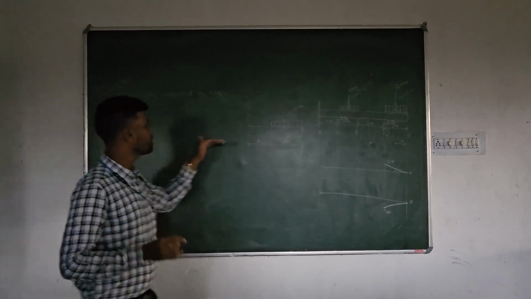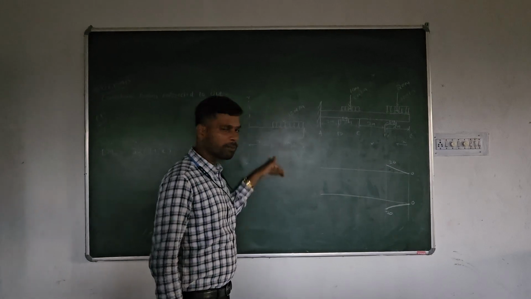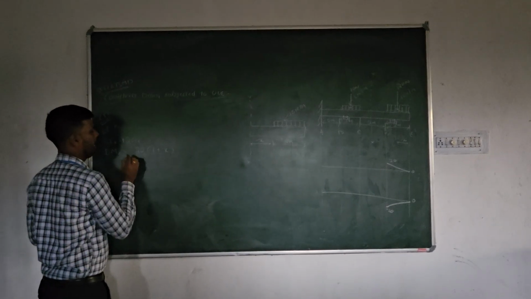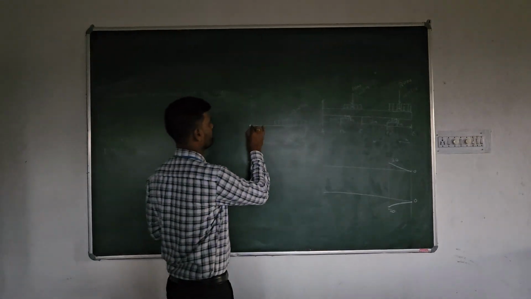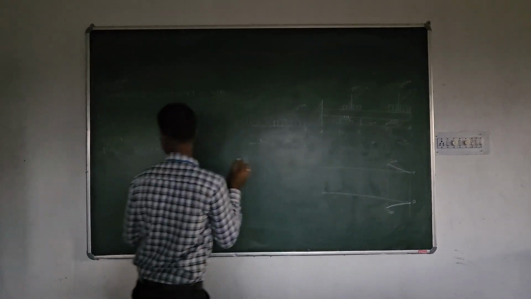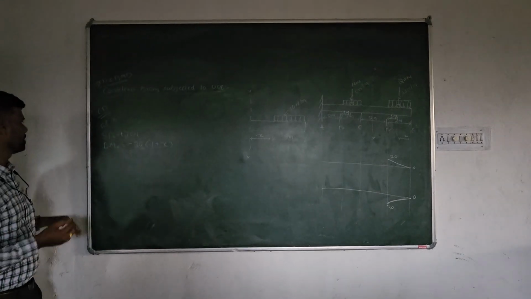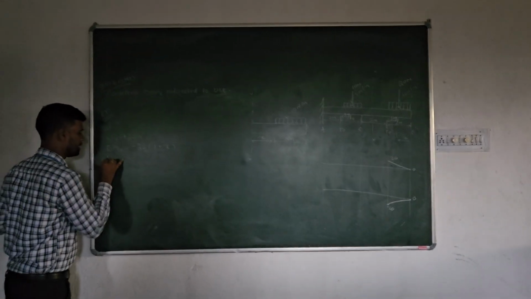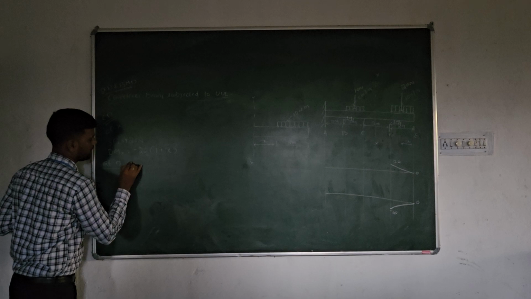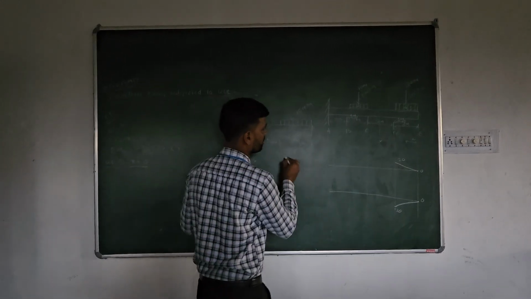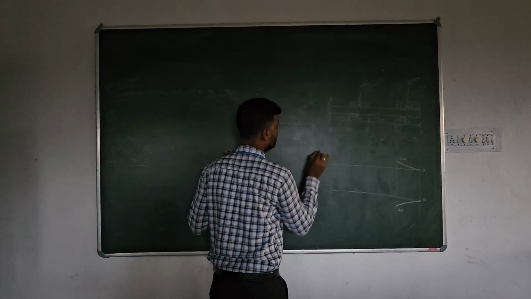Again the sign convention: because of this force this member is coming in the downward direction, so this is positive, and as this is forming a hat-like structure, this is negative, as the sign convention we had seen previously.